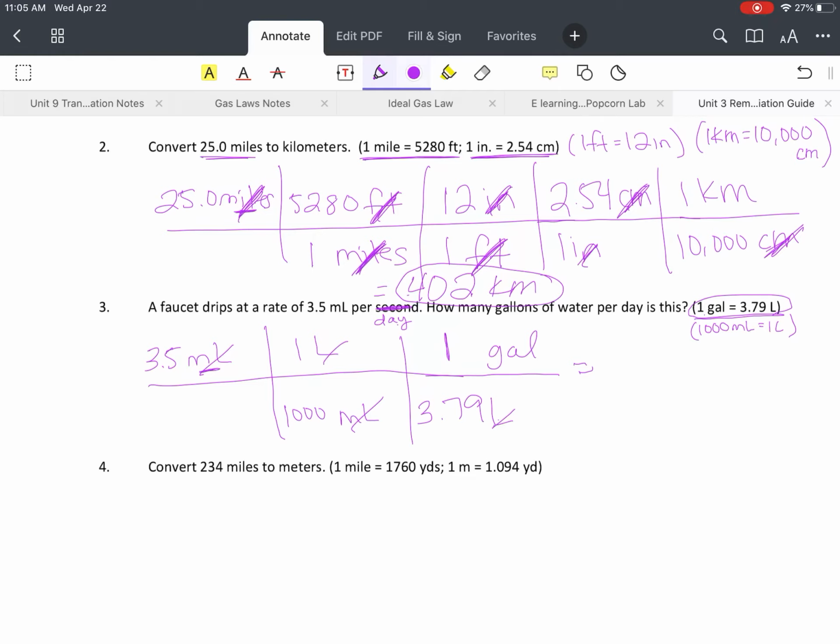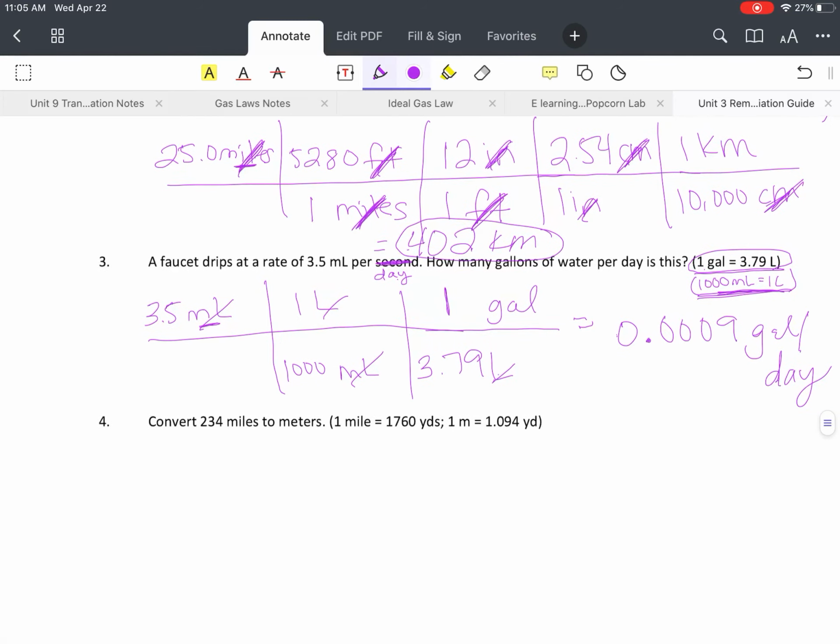I just multiply the top and divide by the bottom. Divided by 3.79, divided by 1,000. And it's a teeny tiny number, 0.0009 gallons per day. I'll go back and update all of these that I don't have written in, just to refresh your memory. I'll update that on your copy.